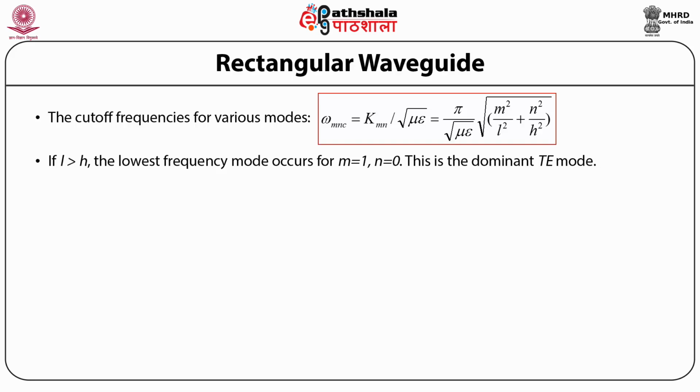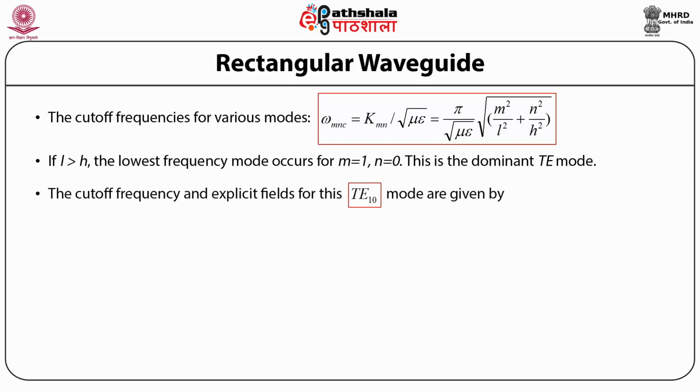This is the dominant transverse electric mode, and the cutoff frequency and the explicit fields for this TE10 mode are then given by omega_10c, the cutoff frequency for the 1-0 mode, equal to π/√(με) times 1/L.